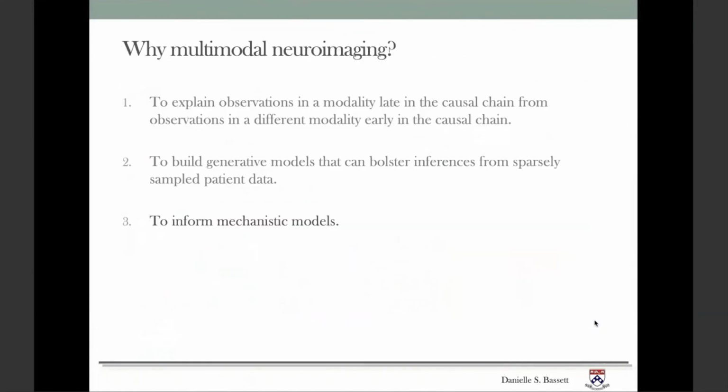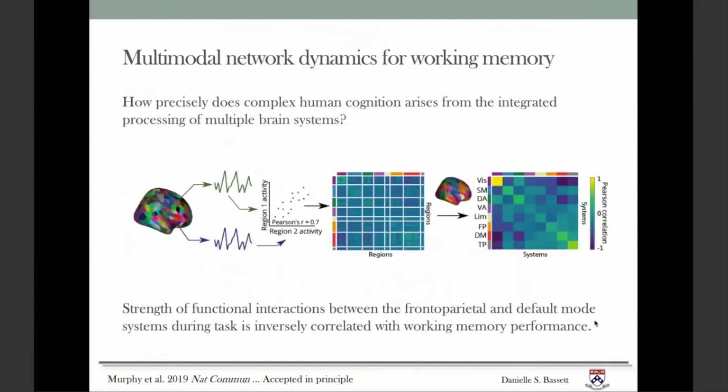Okay, now with that, I'd like to go on to the question of informing mechanistic models. And here I am motivated by the question of, you know, it's all fine and good to study structure and gene co-expression and functional connectivity, but humans, what we care about in humans often is their behavior. So what we'd like to do is to use multimodal imaging not just to understand the basic biology, but also to understand behavior.